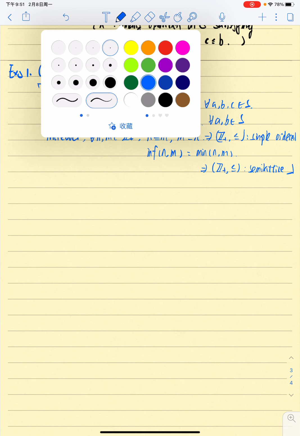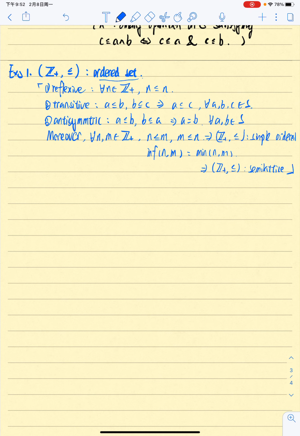Okay, for the second example, also the positive integer set. Here, the relation becomes divides. This is an ordered set. Okay, we prove this one by one.